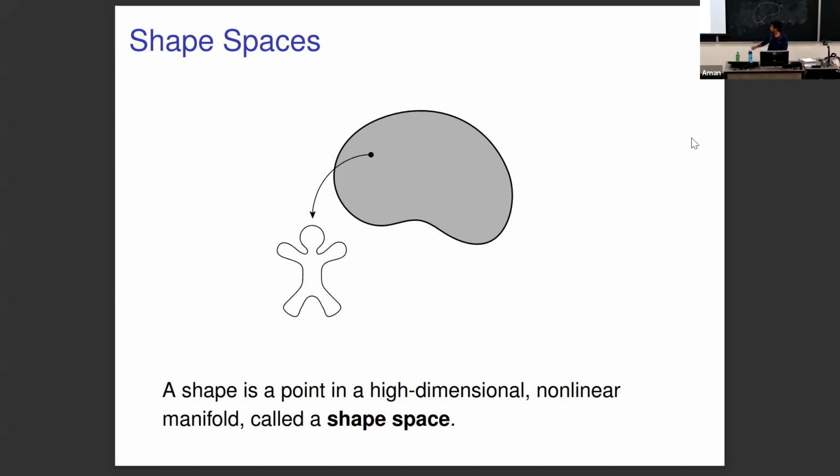And there are some shapes that we have in the slides. To make it simpler, let's make this shape a square. Every point in the shape space should represent a different shape. That's what a shape space is: each point is a shape, and the whole space is made up of different shapes.